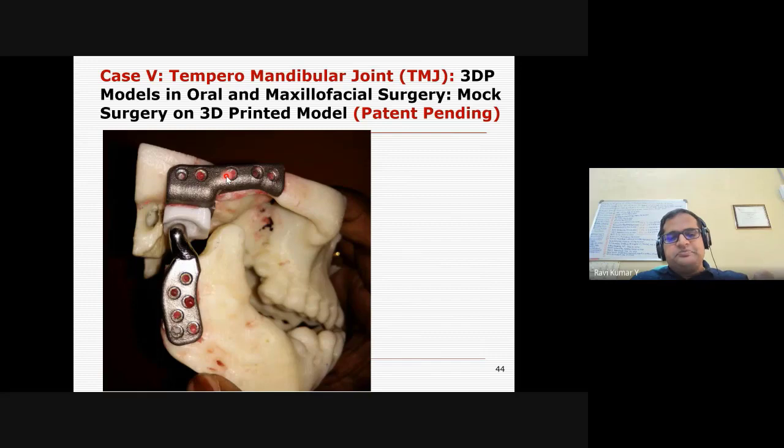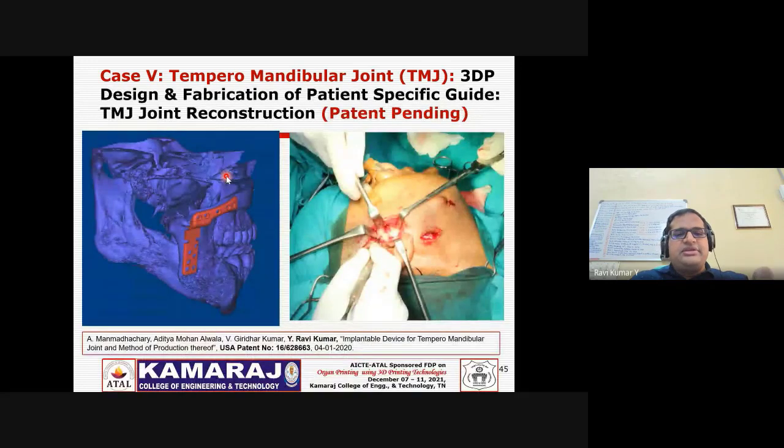It is getting fixed inside the patient during the surgery, and we have also designed a guide to assist the surgeon in drilling the holes for the fixation of the implants from the upper jaw side to the lower jaw side, and we supplied them for the surgery.